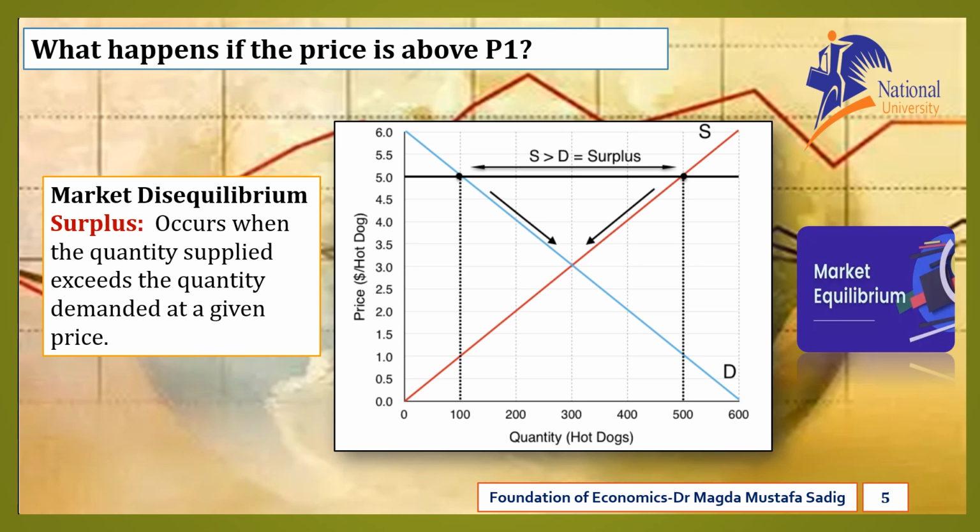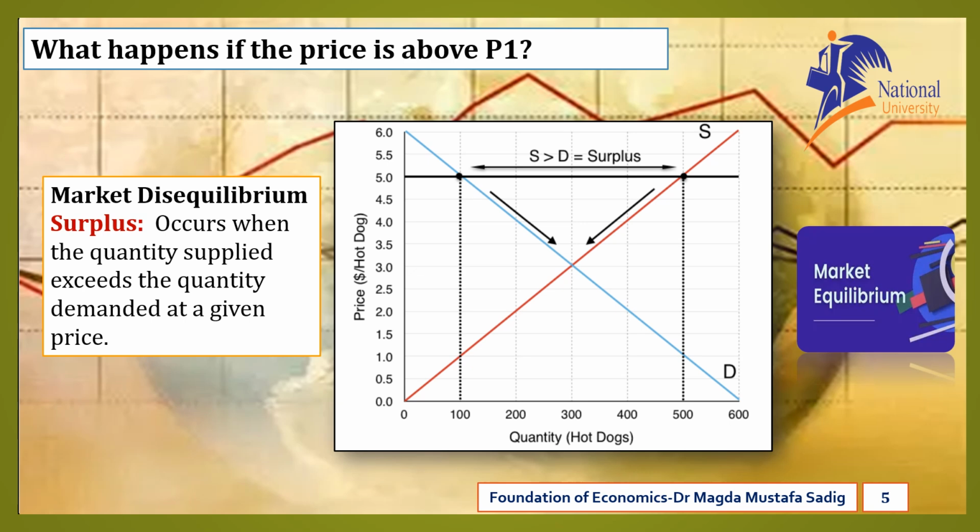So let us look at this graph. In this graph, the demand curve D slopes downward, indicating that as price decreases, quantity demanded increases. Look at 6: if the price is 6, demand is 600 units or hot dogs.